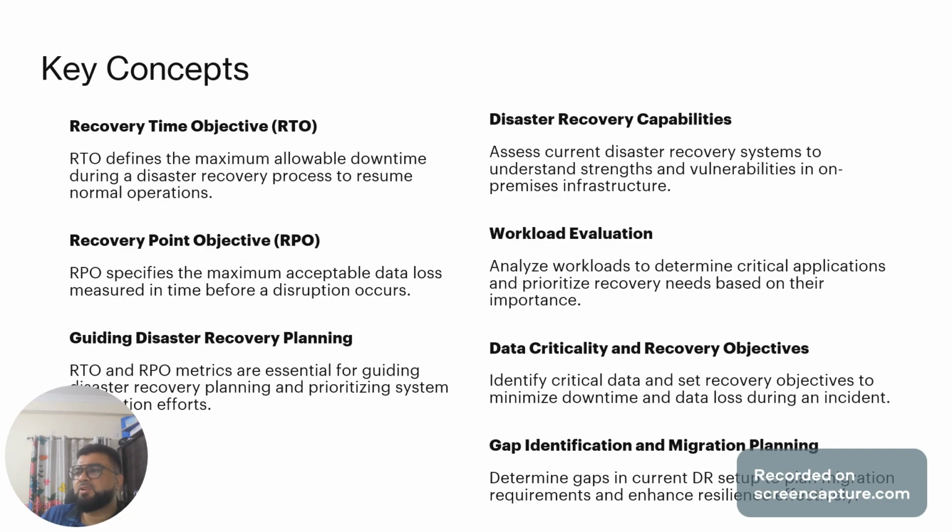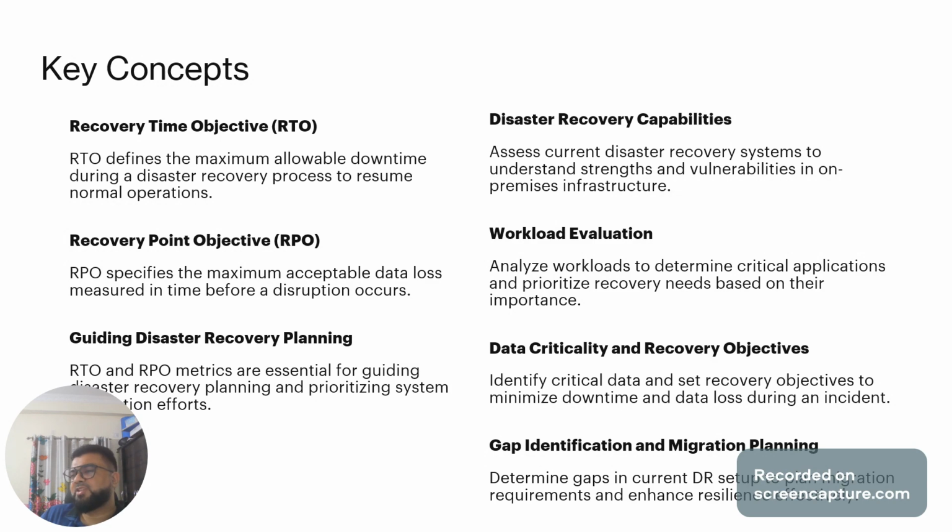Next, we need to assess disaster recovery capabilities. This involves evaluating current on-premise DR systems to understand both the strengths and potential vulnerabilities. Alongside that, workload evaluation helps identify critical applications and prioritize recovery efforts based on business impact. Data criticality and recovery objectives are also key. By identifying the most critical data, we can set recovery objectives that minimize downtime and prevent data loss during incidents.